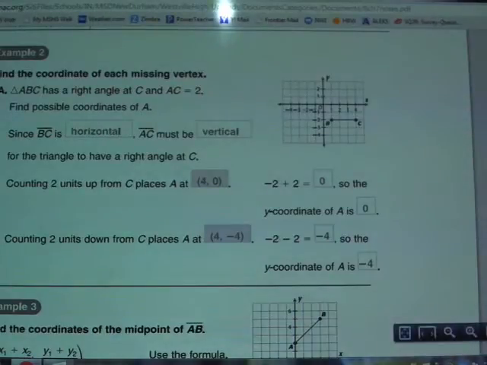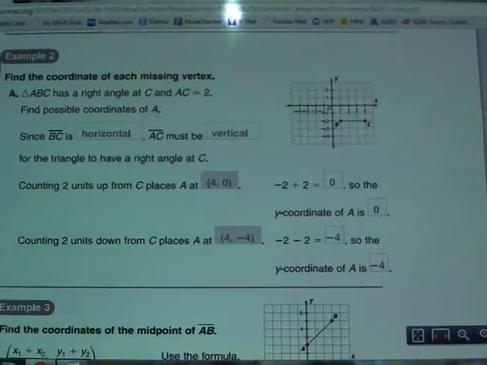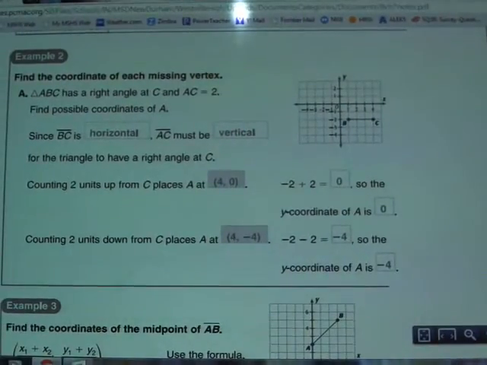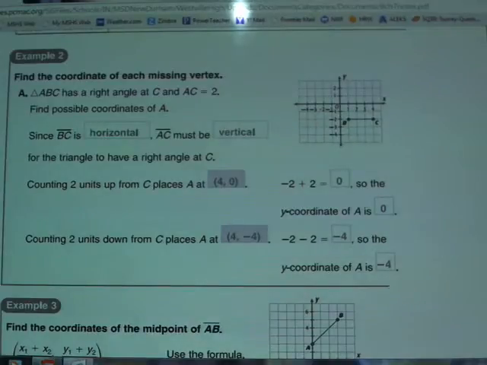In example 2, we're asked to find the coordinate of each missing vertex. They're telling us that triangle ABC has a right angle at C and that AC equals 2. This actually has a couple different possibilities.